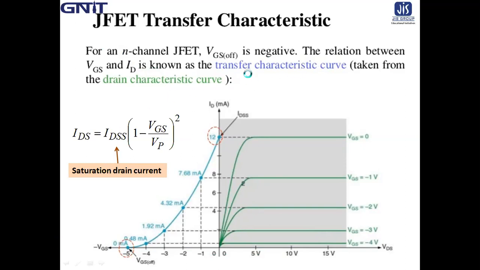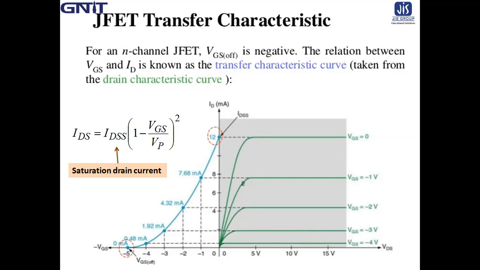So the relation between VGS and ID is known as the transfer characteristics curve, which is taken from the drain characteristics curve. And the maximum drain current at VGS equal to 0 volt is basically IDSS. IDSS is the drain saturation drain current.